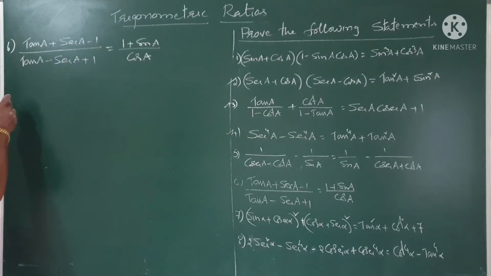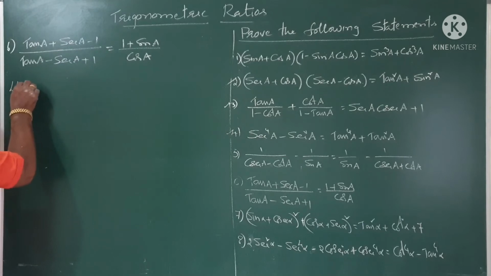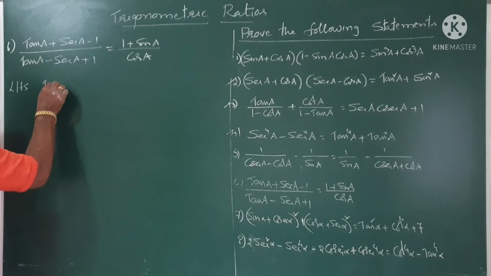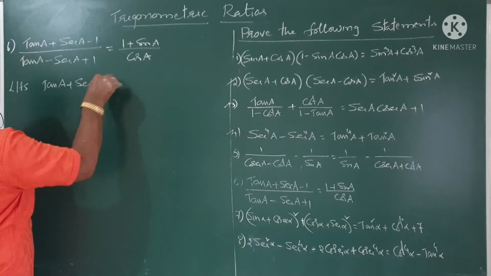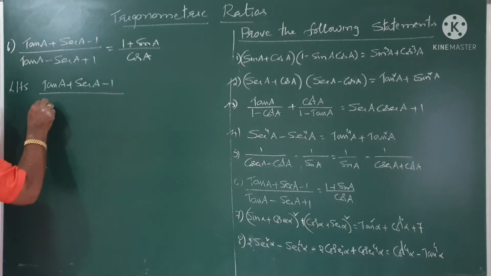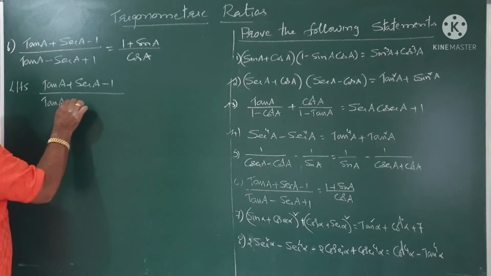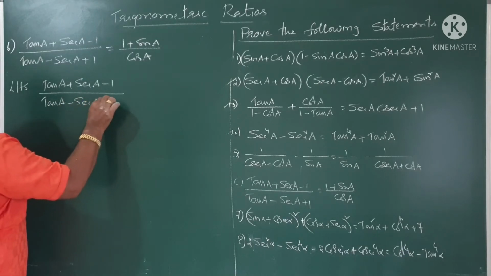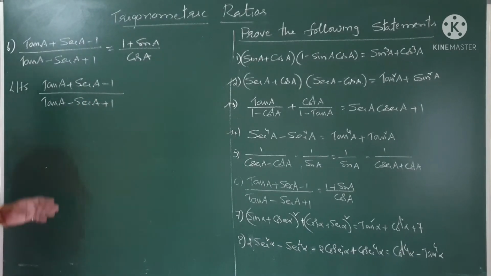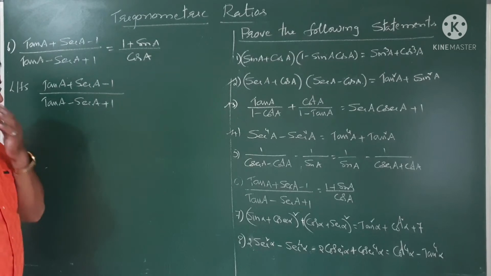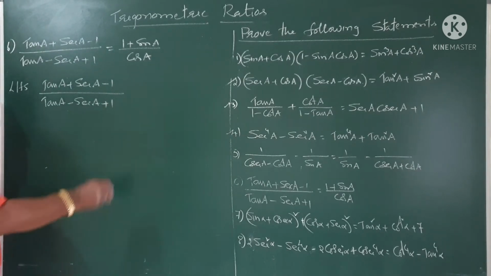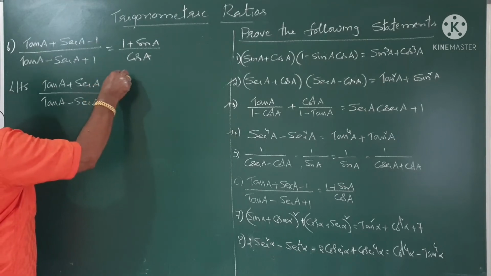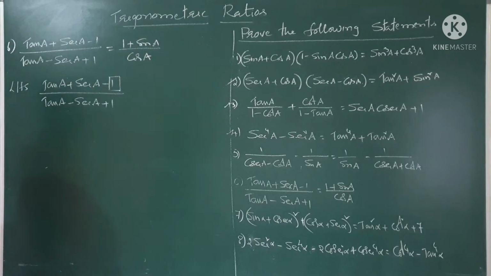Now the left hand side: tan a minus secant a plus 1. We have 2 to 3 methods to solve this question, and one of the smart methods is that I concentrate on 1 in the numerator.